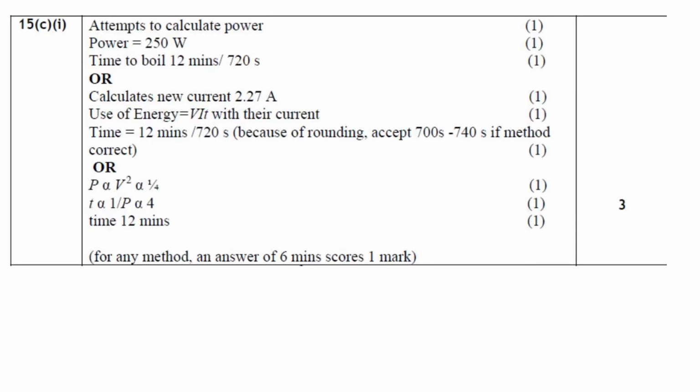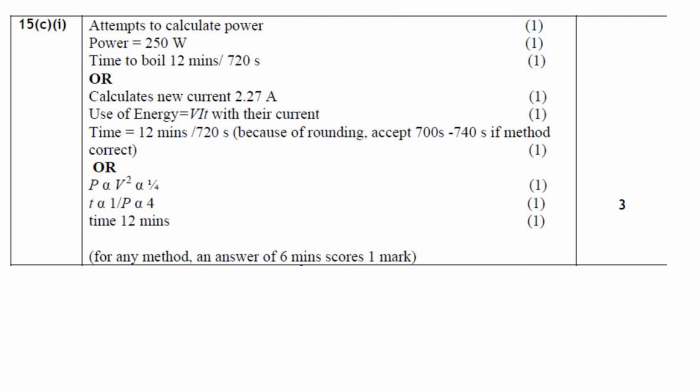And here's the marks, the 3 marks available. So if you've attempted to calculate the power, 1 mark. Power equals 250 watts, 1 mark. Time to boil, 12 minutes or 720 seconds, noted down, 1 mark. Or there's 2 other alternatives as shown. One is to calculate a new current, 2.27 amps. Use of energy equals IVT with your value of current, and use of time is 720 seconds or 12 minutes.